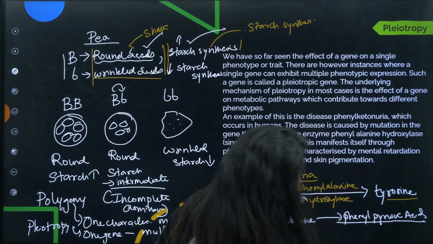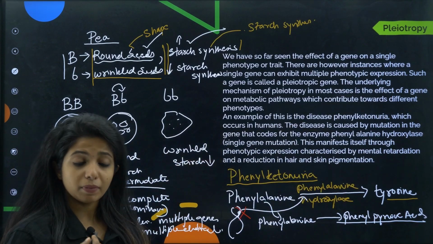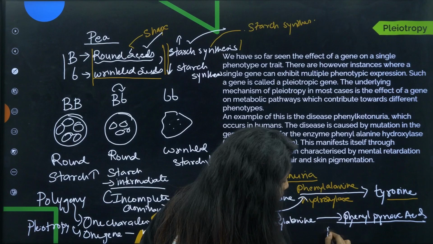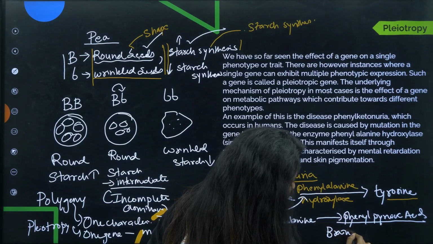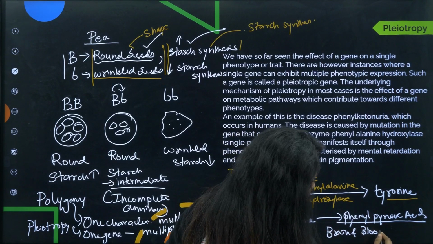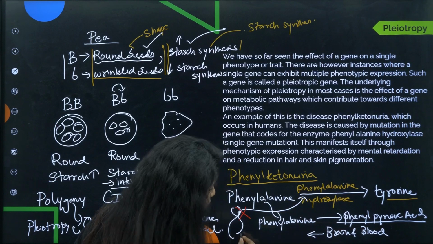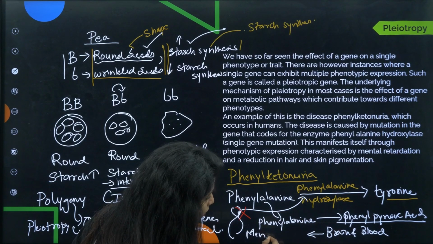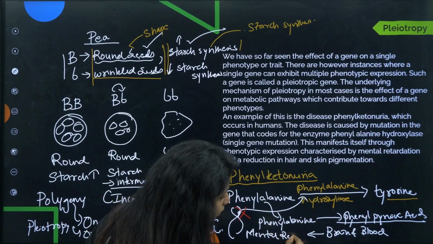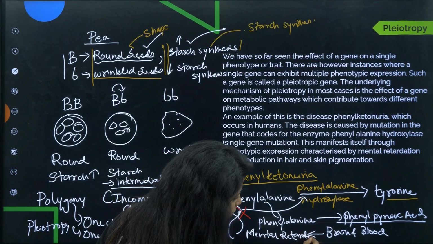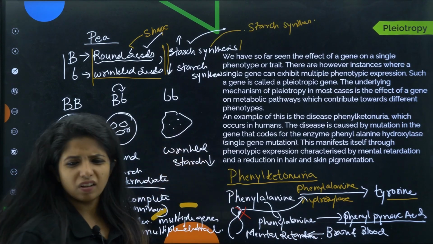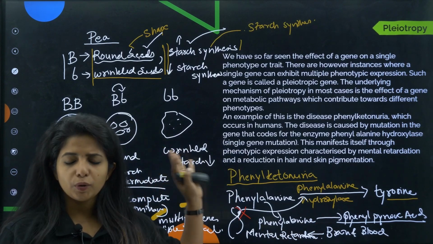And when this accumulates in our body, basically in our brain and our blood, this causes mental retardation, children. Ma'am, how is it linked to pleiotropy?